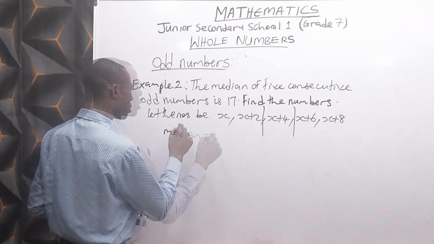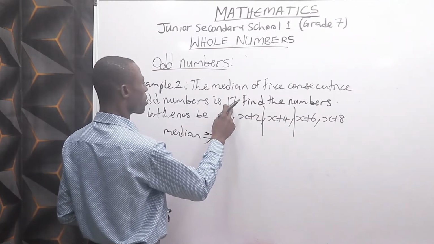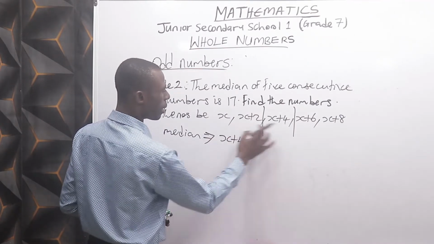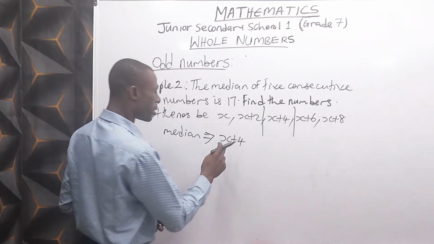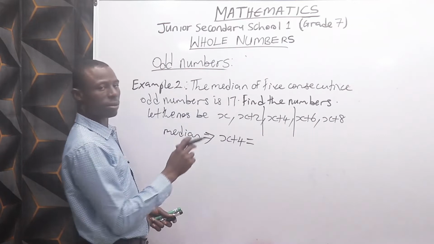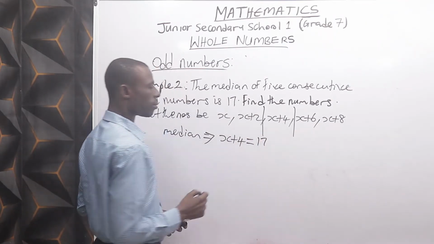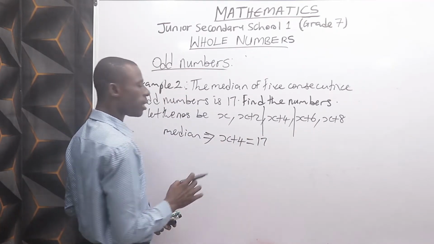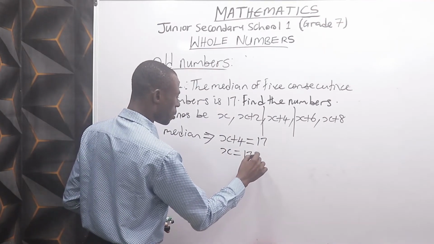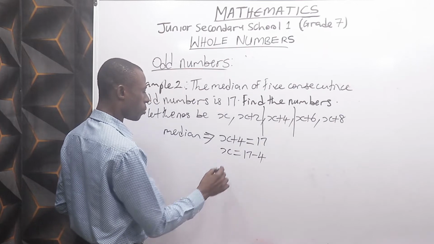And the median has been given to be 17. That means the median by calculation, x plus 4, must be equal to the median given, which is 17. So this simple linear equation must be solved to have x equals 17 minus 4.